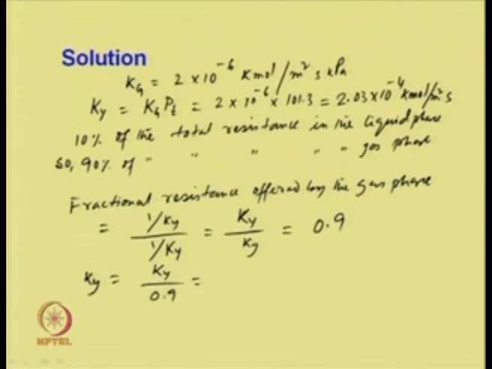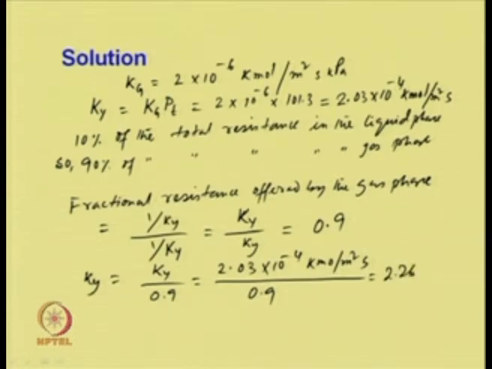will be capital K y divided by 0.9. If we substitute capital K y, 2.03 into 10 to the power minus 4 kmole per meter square second divided by 0.9, which is equal to 2.26 into 10 to the power minus 4 kmole per meter square second.